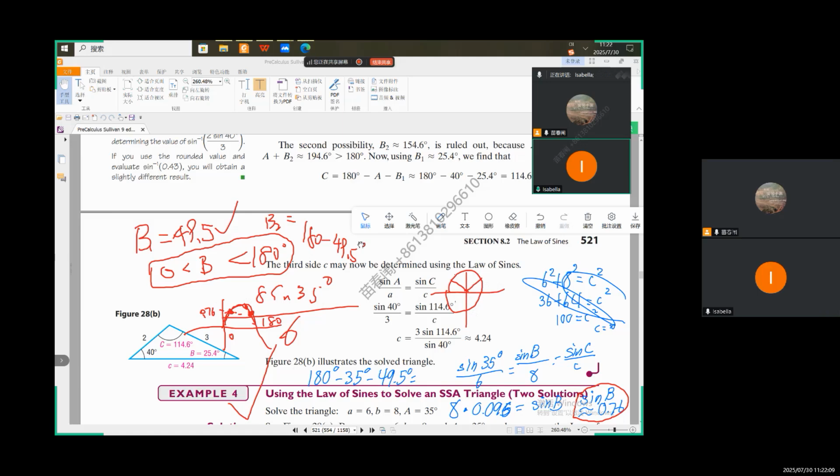Yeah, okay. It's a little confusing. So for the first time, we normally check a little bit. So let's draw a little bit, see whether it's making sense or not. If I draw it, it tells me 35 degrees. One side is 6, and another is 8.